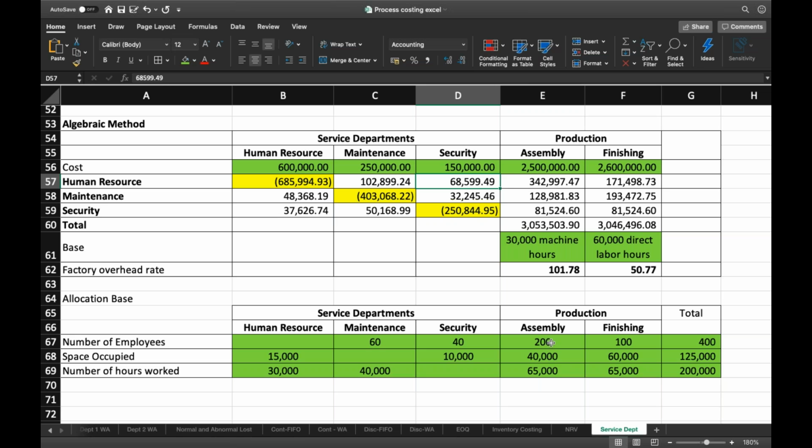For assembly, that's 200 over 400, that's 342,997.